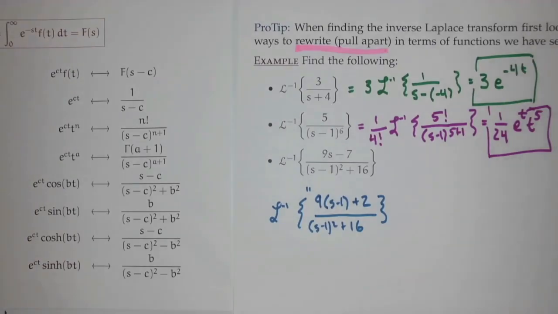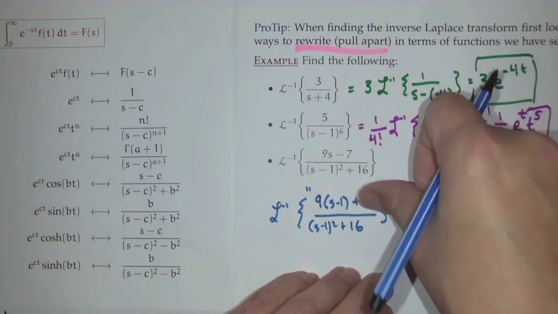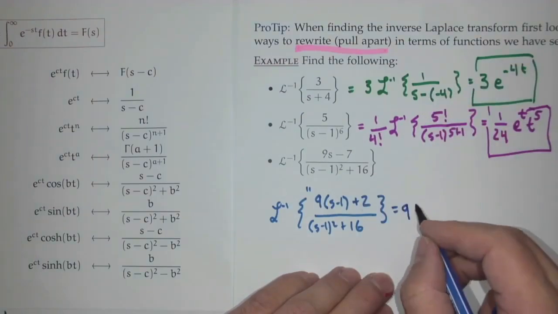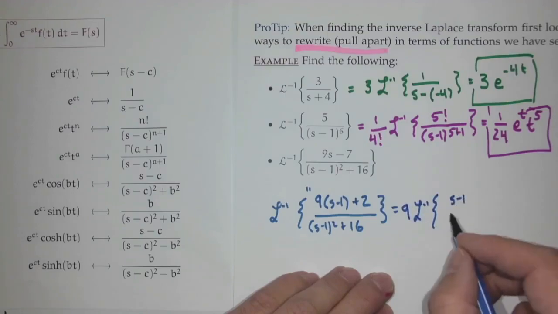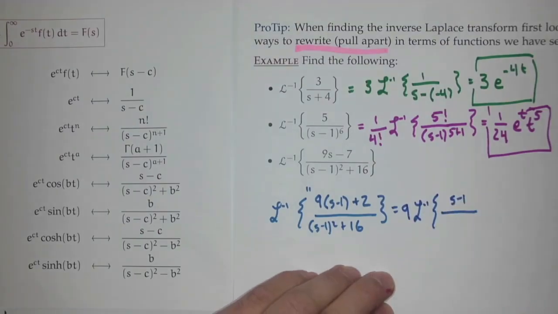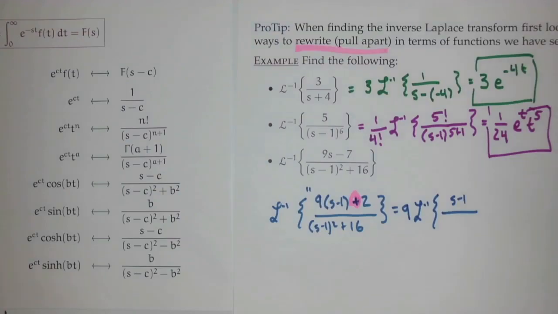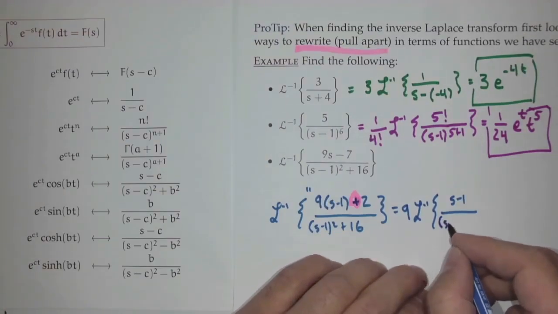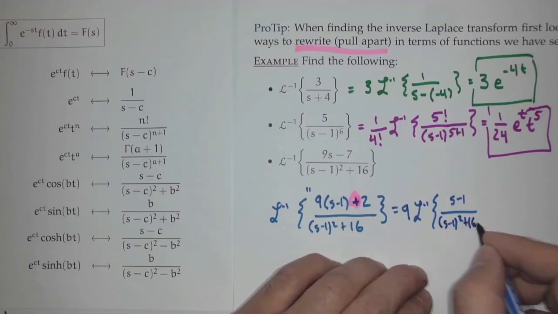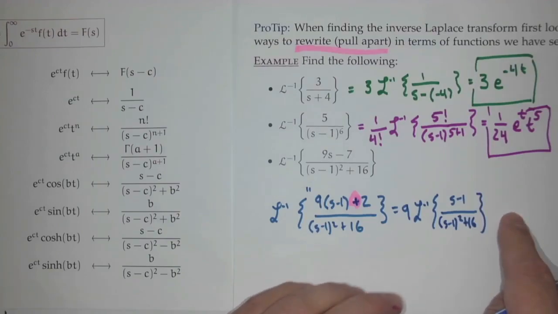So in our case, we're going to pull out, in the first term, 9 times the inverse Laplace transform of the first piece. And I should point out that it's really easy to separate when the addition is in the upstairs. We like addition upstairs. When addition isn't downstairs, not so fun.